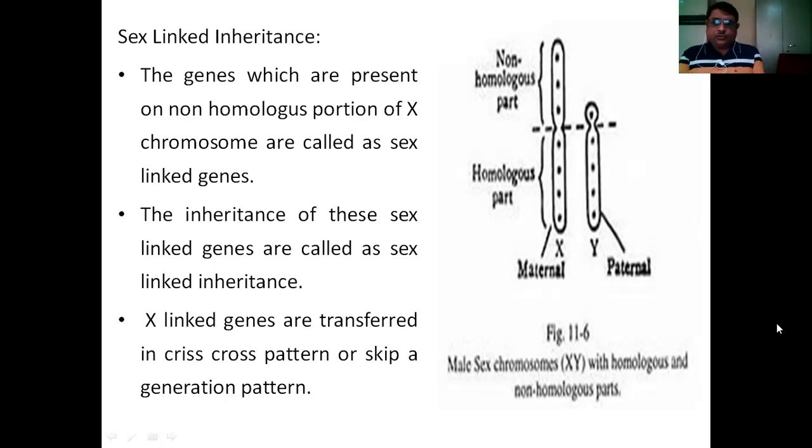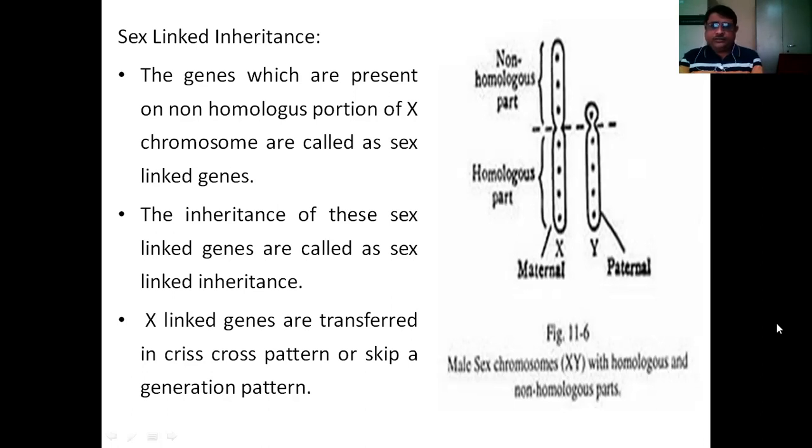The lower part of this chromosome is the homologous part, and the upper part is the non-homologous part, where the genes are unique, meaning the genes present on the X chromosome are not complementary with the genes on the Y chromosome. As the Y chromosome is short, it carries fewer genes compared to the X chromosome.